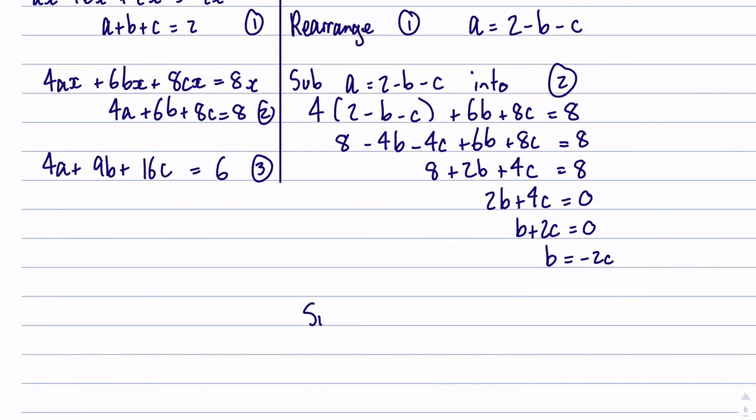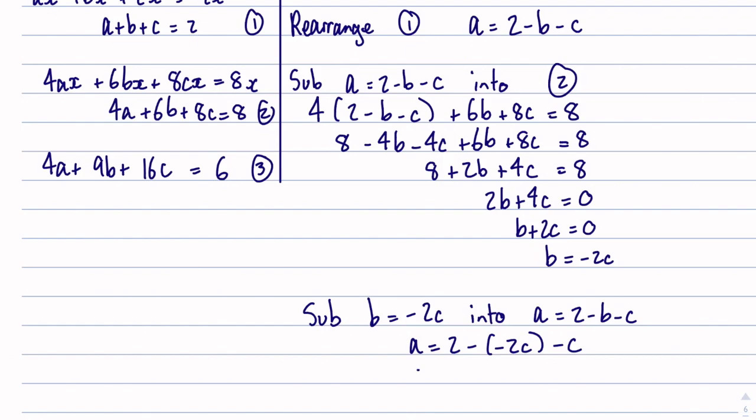Now I'm going to sub b equals minus 2c into a equals 2 take b take c. So I'm going to have a equals 2 take minus 2c take c. So I've got a equals 2 plus 2c take c. So I've got a equals 2 plus c.